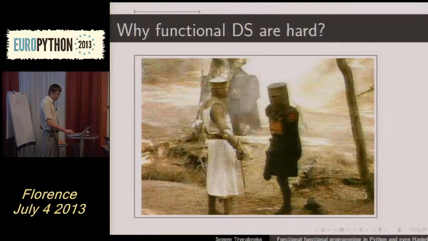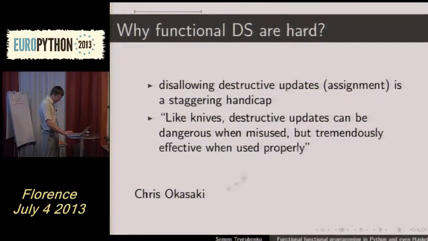I've included this picture because I thought about it when I read this quote by Chris Okasaki, where he says that destructive updates are an incredible tool. It's like knives: very dangerous, but tremendously effective when used properly. And so yes, it has its place.